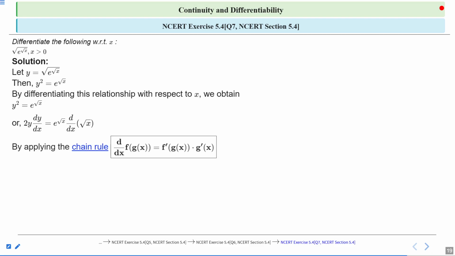So by applying chain rule, which is d upon dx of f of g x is basically equal to f dash g x into g dash x, we can say 2y dy upon dx is equal to e to the power root x into 1 by 2 into 1 by root x, right?